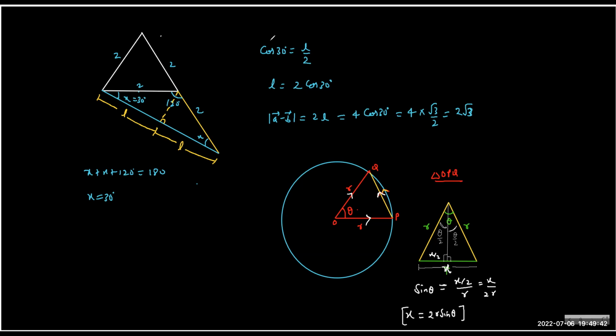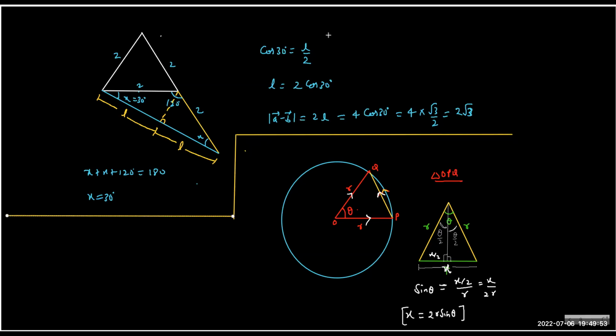Tell me, guys. OQ is the resultant of OP and PQ. Excellent. Very good. So we write OP vector plus PQ vector is OQ vector. Any doubt in this?